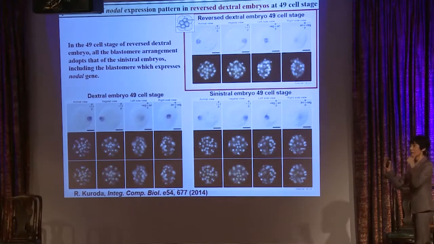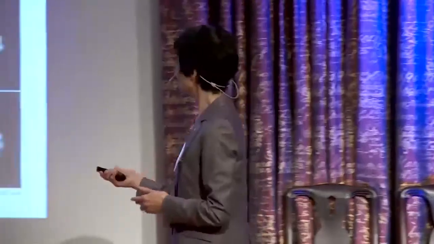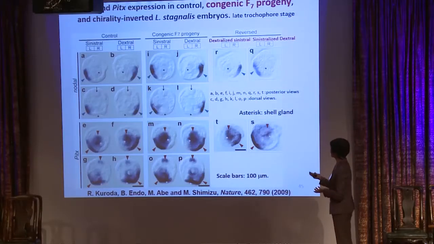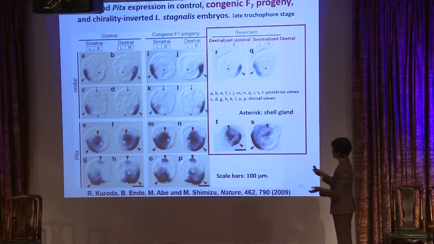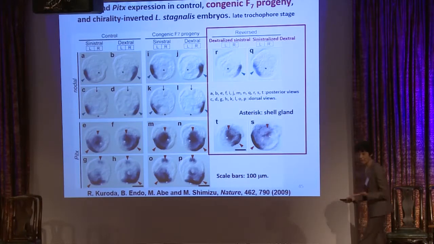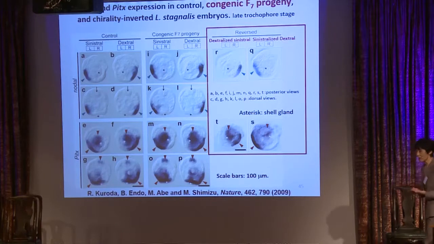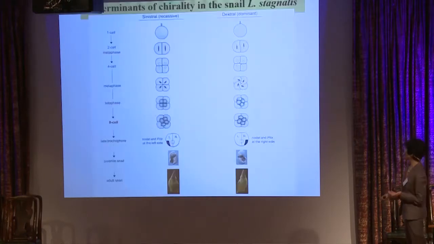So if you push it at the very early stage of embryogenesis, you change the expression site at the 49 cell stage, then after that, everything goes the mirror image way. So this is a much later stage, and this is the trochophore stage. You can see, again, it's coming to the mirror image. So that is the reason you had very healthy mirror image creatures.